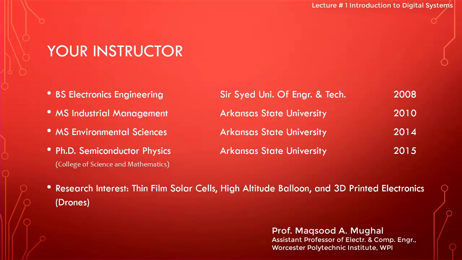I do a little bit of research. I work on thin film solar cells. Basically you take a very thin layer of a p-type material, which is an absorber layer, and then you take another very thin layer of a buffer layer, which is an n-type material. You make a sandwich, join them together, and it makes a junction, and then it makes a very good solar cell. So we're using very tiny amount of material. We're looking at the nanometers. I do a little bit of high altitude balloon project, which is basically releasing the balloon in the air in the stratosphere.